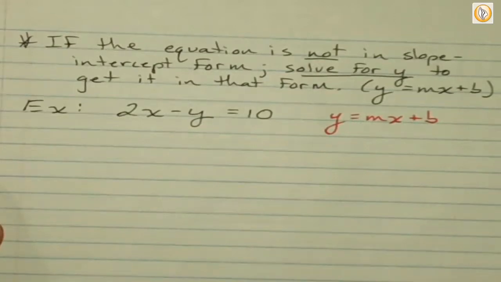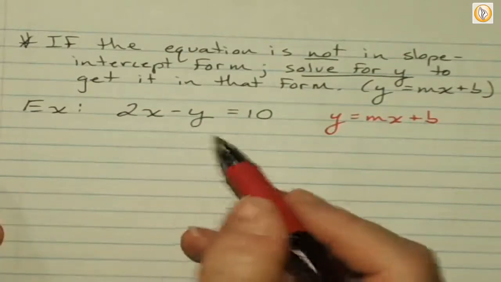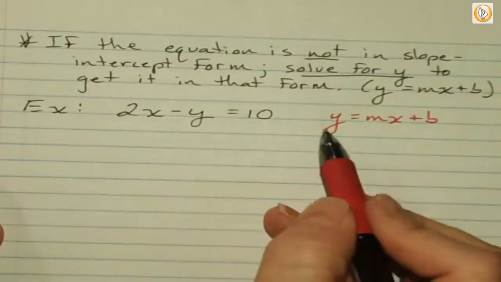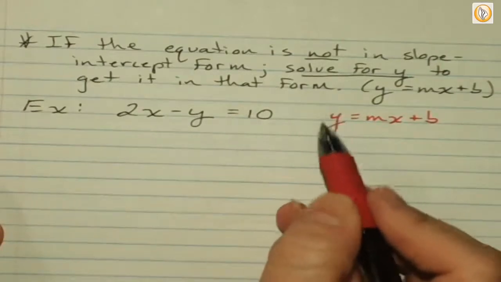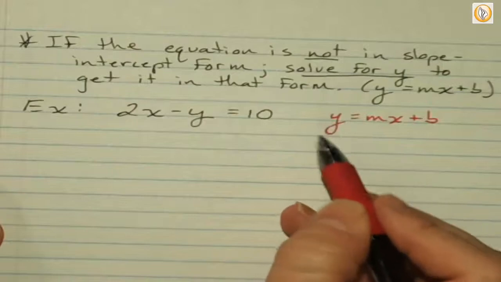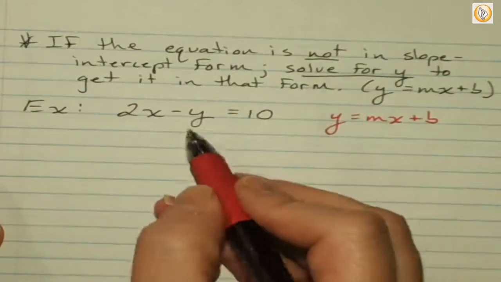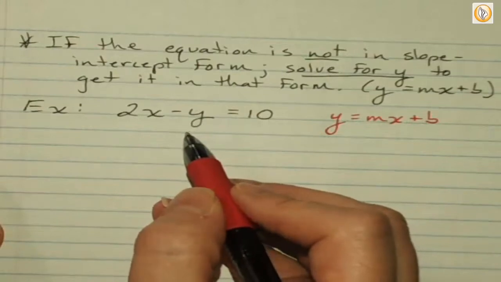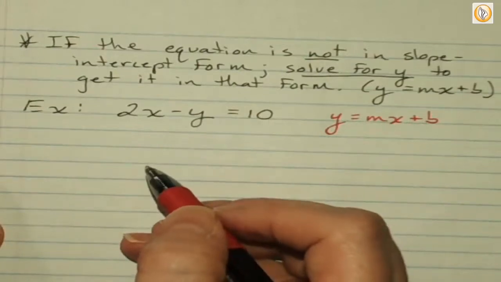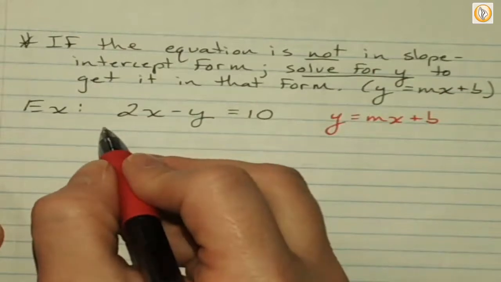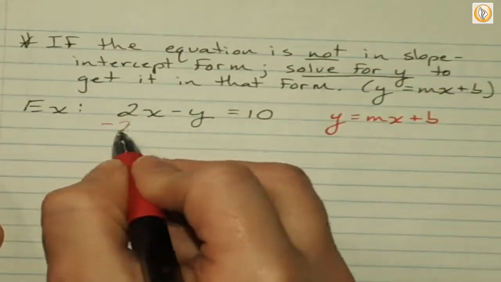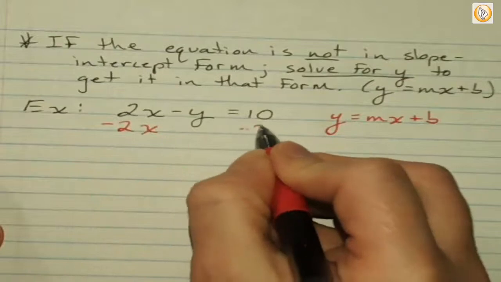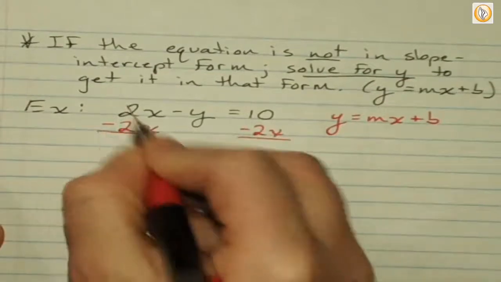Nope. Rearrange the stuff like intruder alert to solve for y. We want y all by itself. So how would I get y all by itself? What do I have to move? You have to move the 2x. How do I do that? Subtract it. That's right. We're going to subtract 2x from both sides.